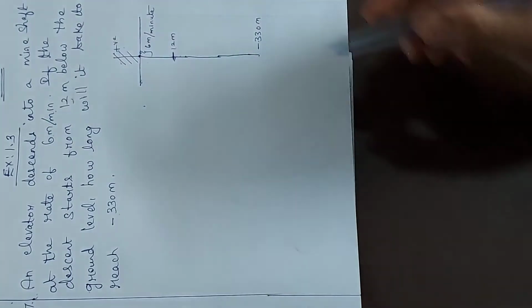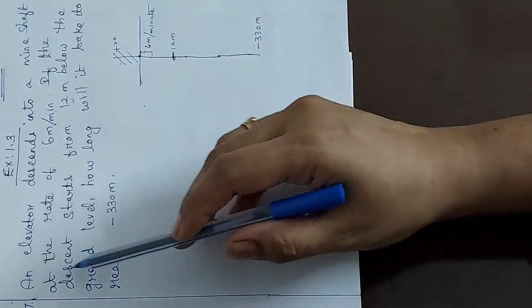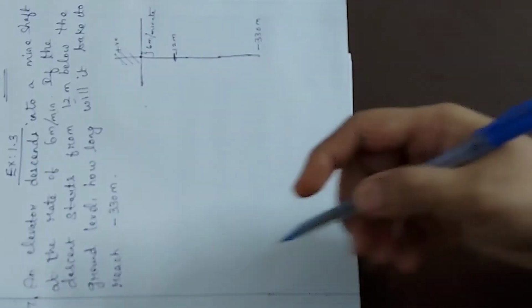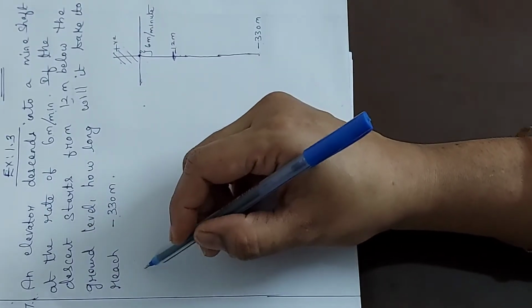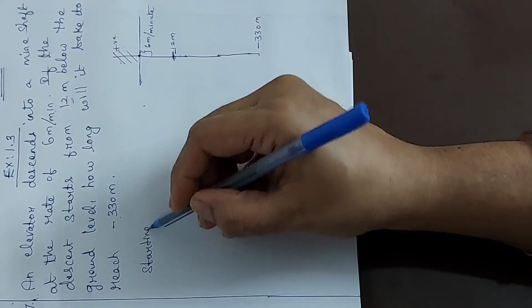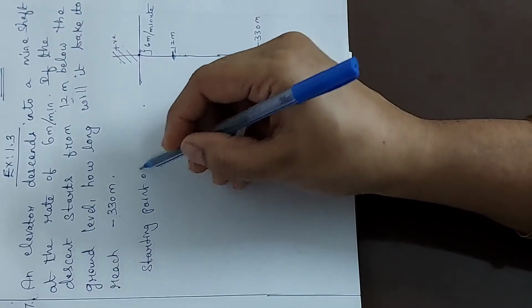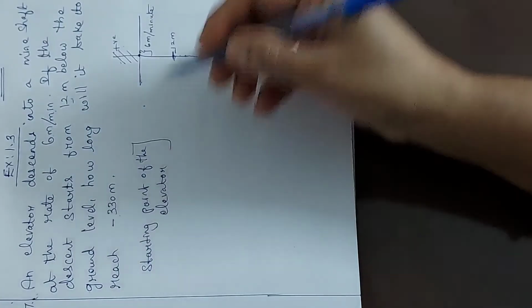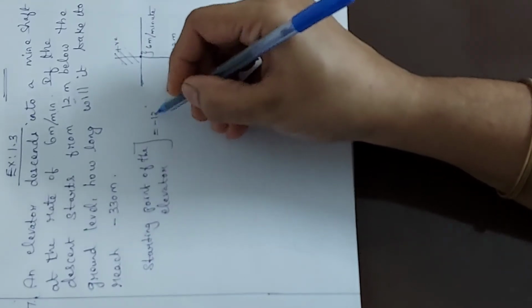So now we'll come to the question. They have given that the descent starts from 12 meters below the ground level. So the elevator is at minus 12 meters. We have to take it in minus sign, that is negative, minus 12 meters. So in the solution, we have to write the starting point of the elevator, that is, minus 12.